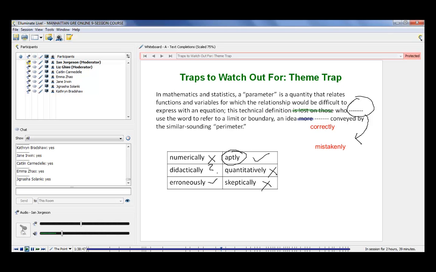And now we need to take a look at the first one, and we're choosing between erroneously, which matches pretty well the word we came up with, versus a word we don't know the meaning of. If we've got a question mark versus a check, which one are we picking? Yeah, if we like it, we've got to go with it, even if there's another word we don't know.